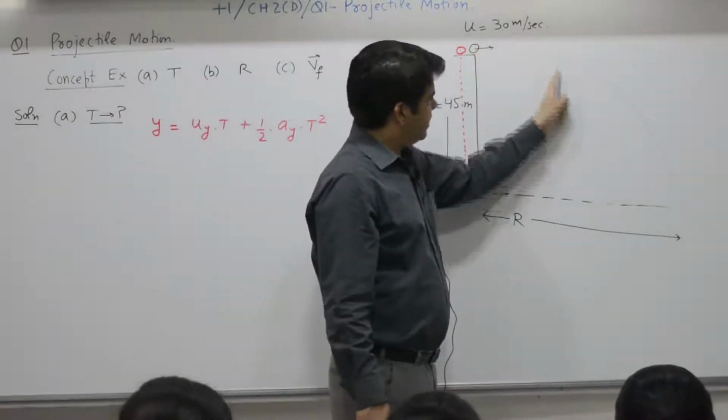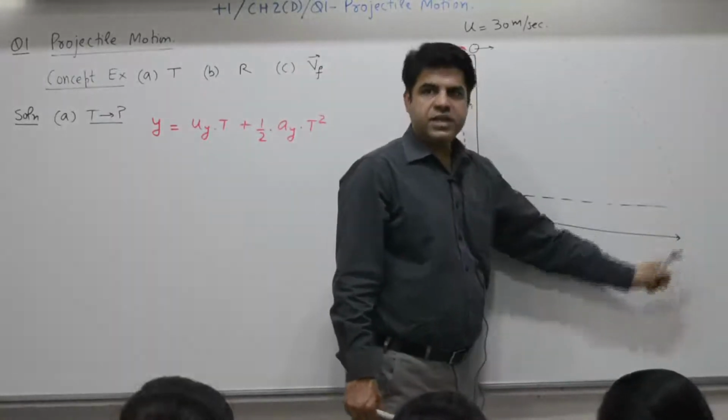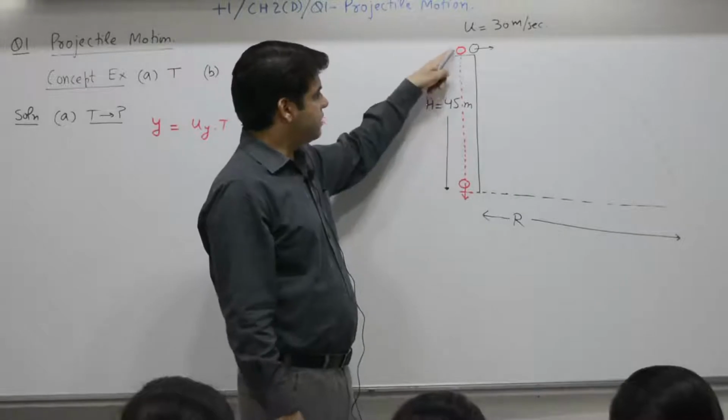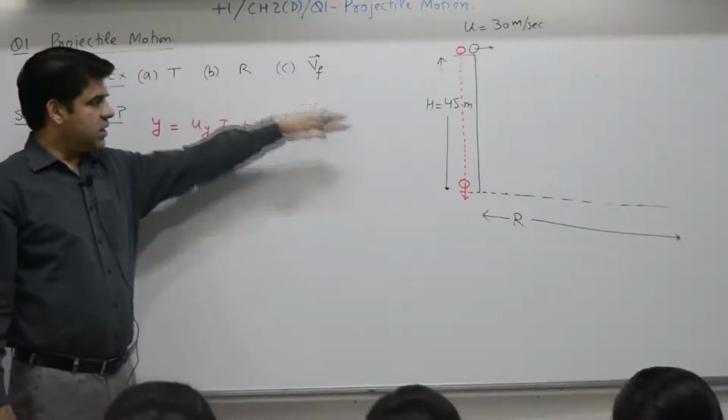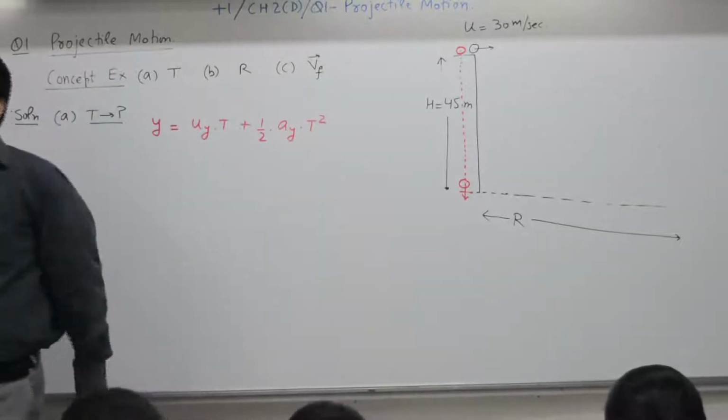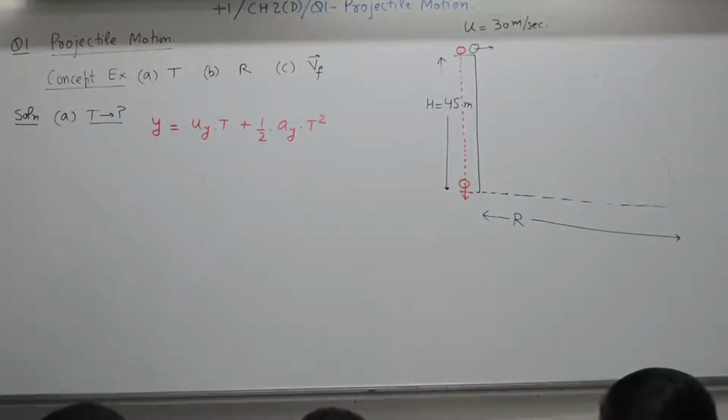Whatever is its vertical velocity, vertical component, that is the same as that of this particle. Apply this formula for this red color ball. One minute with you.